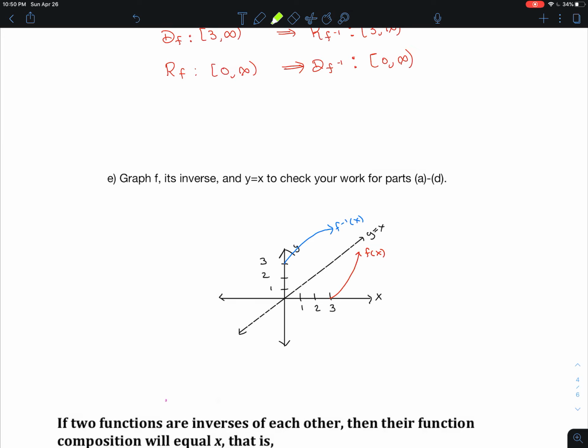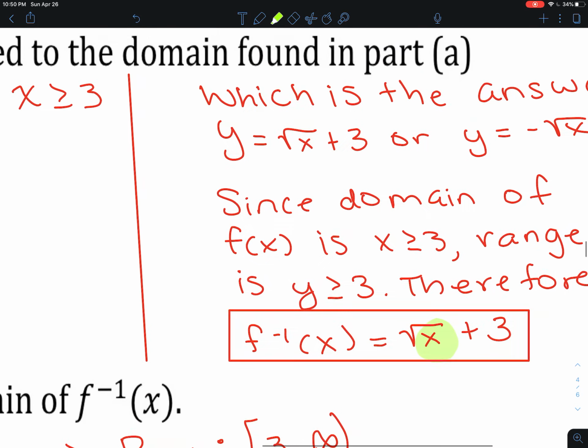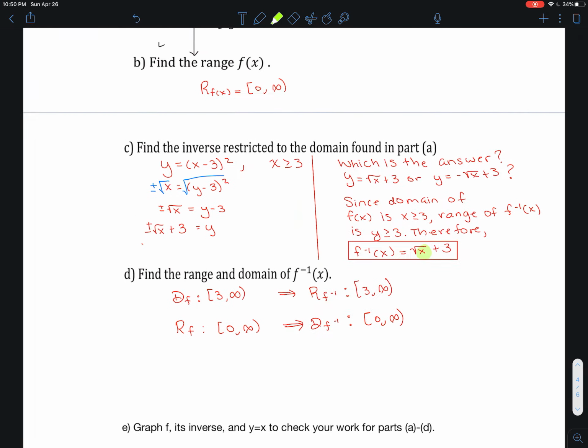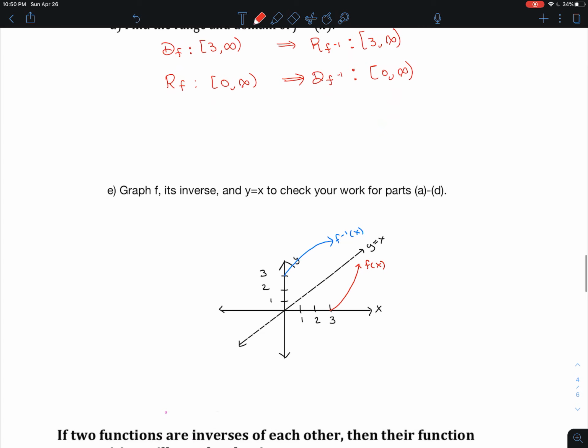So that is square root of x plus 3, which, as you can see, was the inverse function that we had acquired. Oh, and one thing I forgot to write here is that, because you have a restricted domain, you do want to make sure that you write here y is greater than or equal to 3. Okay. So anyways, back to our graph. This is what our graph should look like.